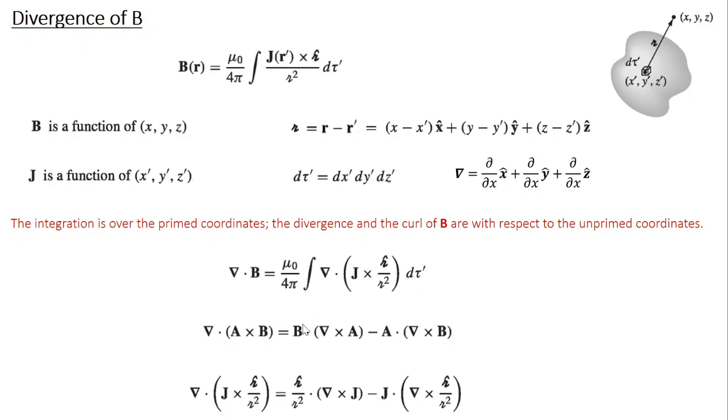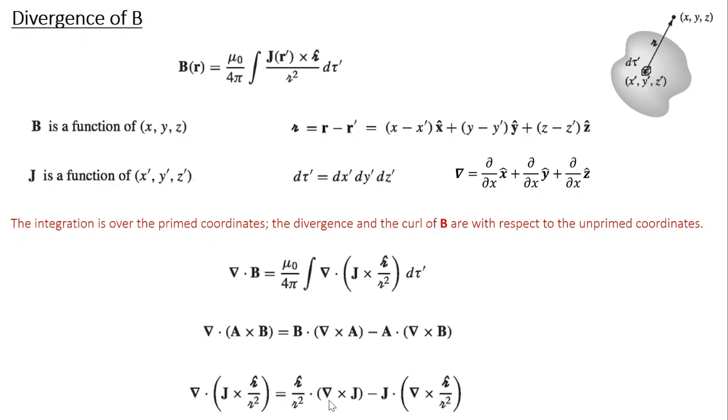Invoking product rule from the first chapter, I can write divergence of A cross B equal to B dot curl of A minus A dot curl of B. So using this, I can write divergence of J cross r cap by r square equal to r cap by r square dot curl of J minus J dot del cross r cap by r square.